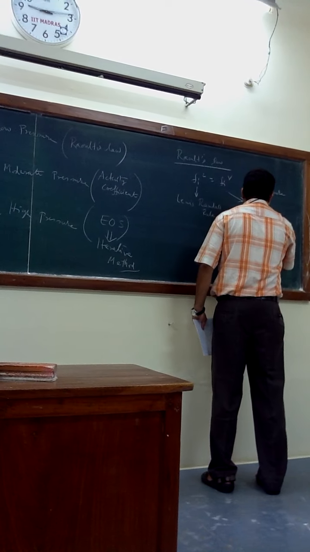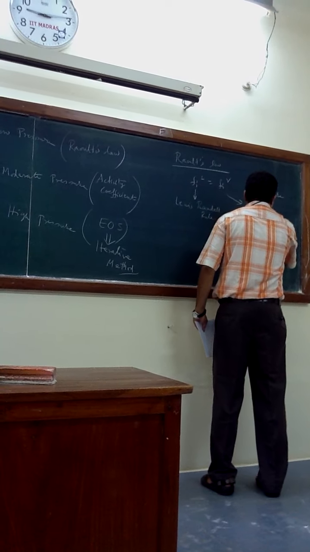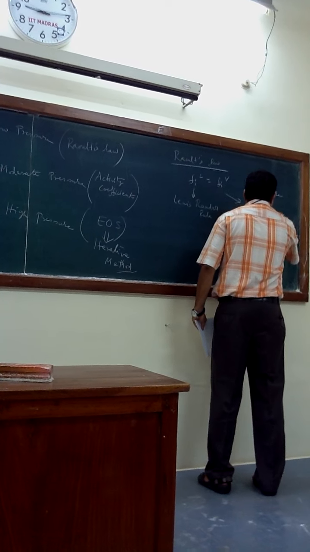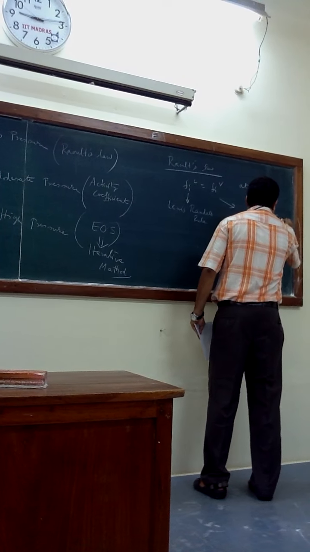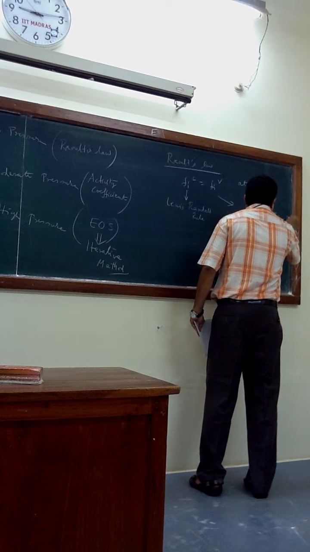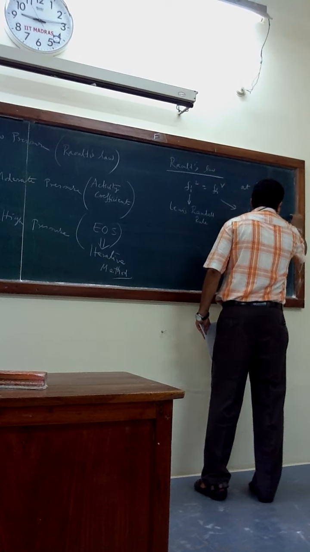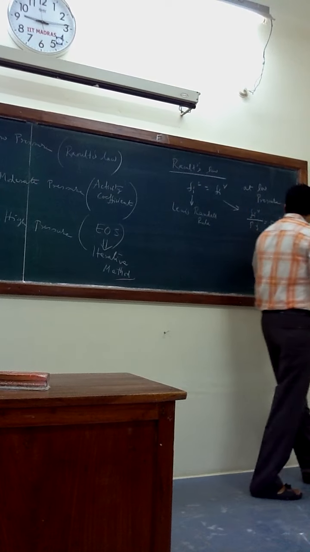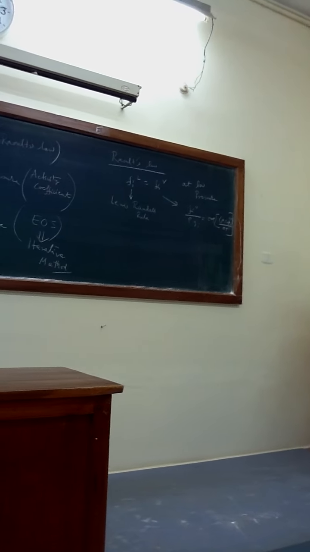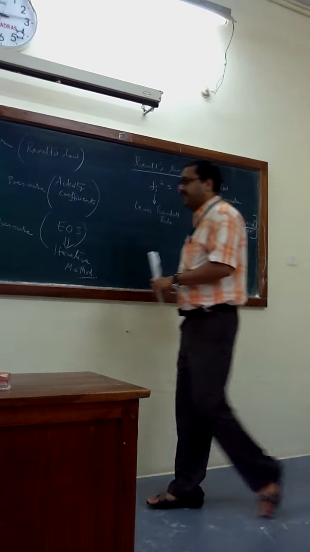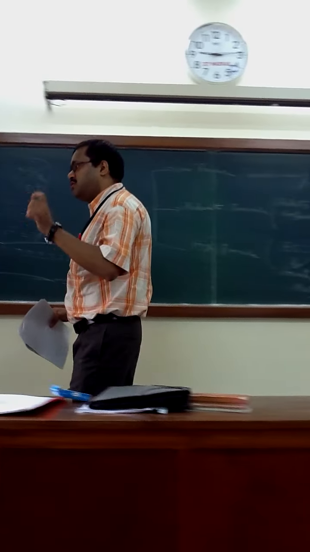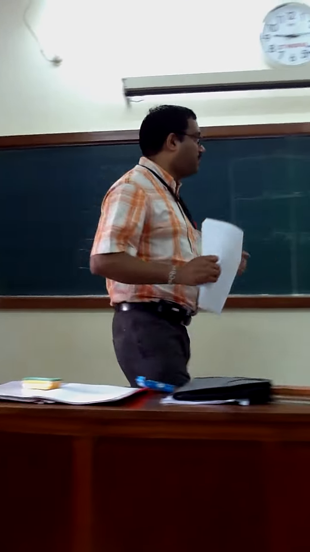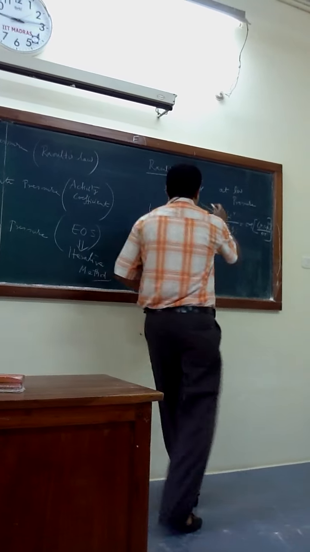We know that FIV equals P times yi times exponential of (mu minus mu IG) by RT. Am I correct? Yes. The mixture behaves like an ideal gas, so the exponential term equals 1, and FIV is approximated as P yi.